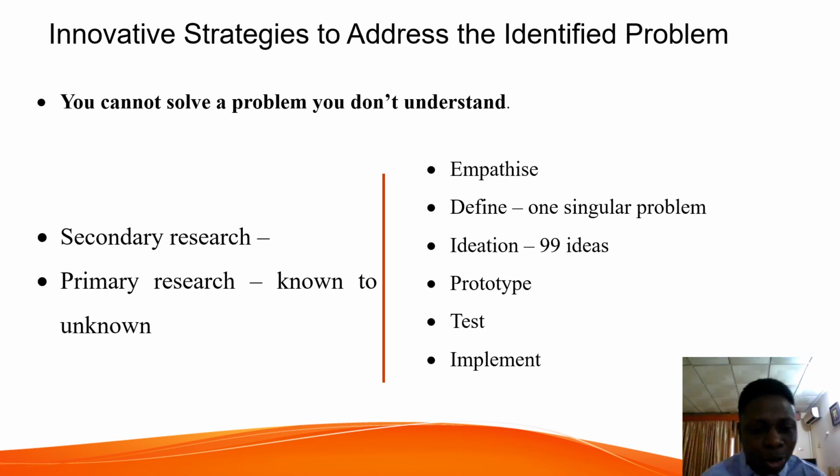There's no way you do your secondary research and your primary research that you will not get a clear understanding on how to address these social problems. And these two strategies are very powerful in addressing the identified problem. I hope you are following.